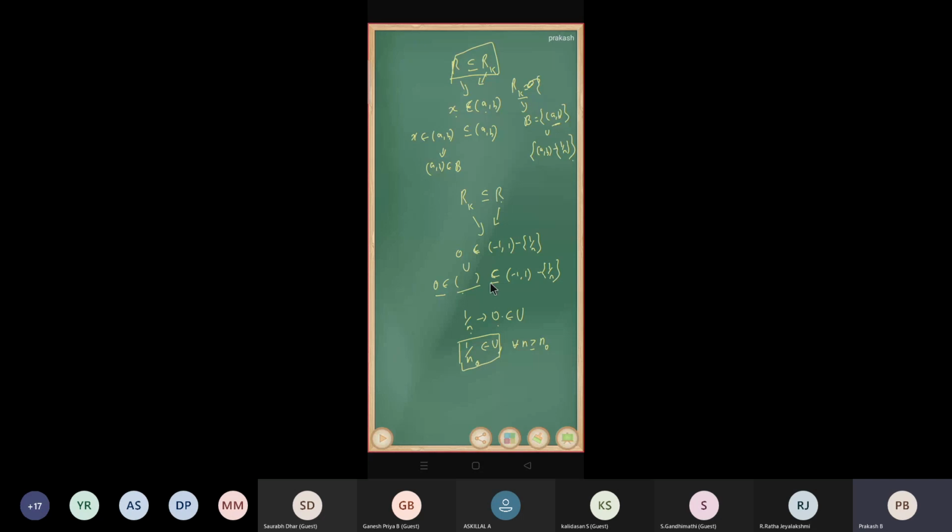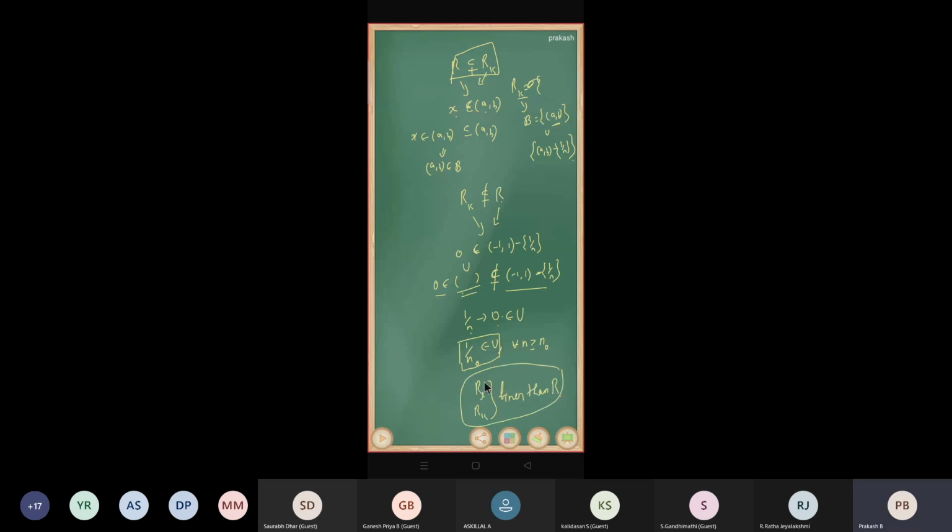But here this set must contain this one, but here we have no such element, right? So it will not happen. Therefore the converse part is not true. Therefore R is properly contained in RK. So RL and RK are finer topologies than the usual topology R.